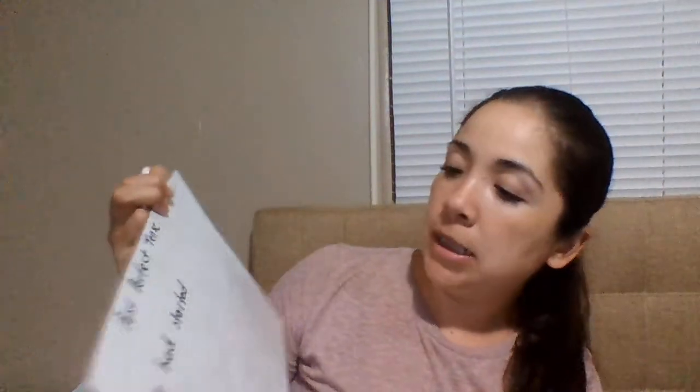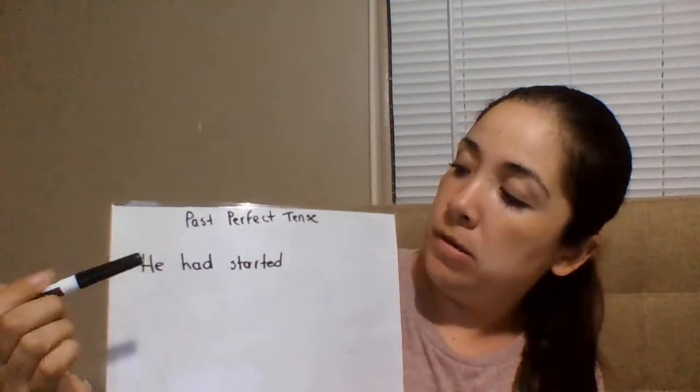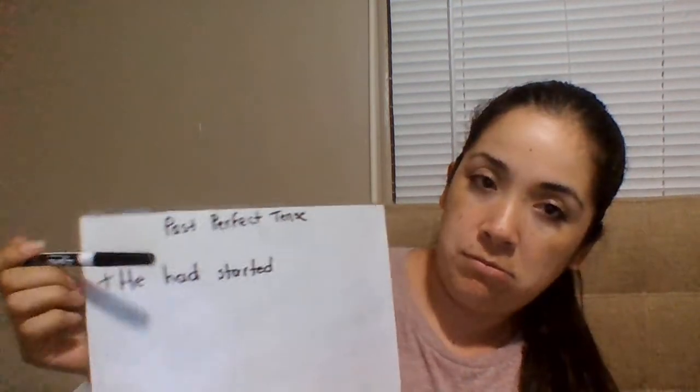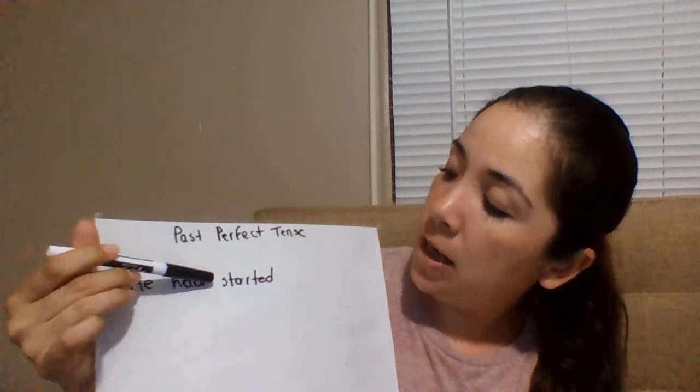So we're going to continue with the interrogative form. Okay. So how do I make a question in the past perfect tense? Who can tell me that? Okay. Let's work with this sentence. He had started.